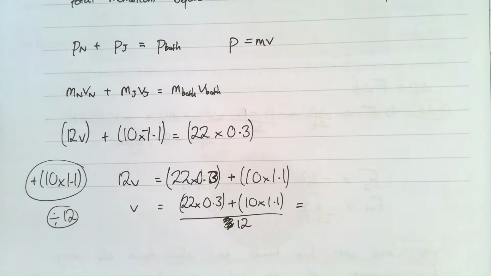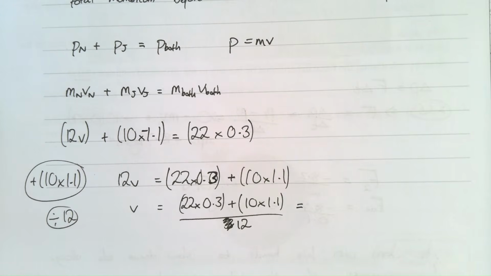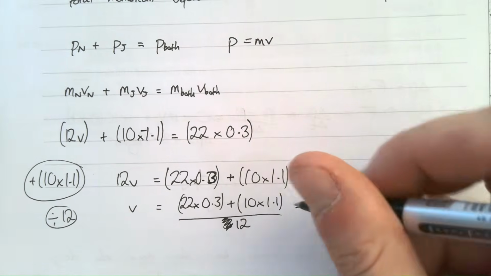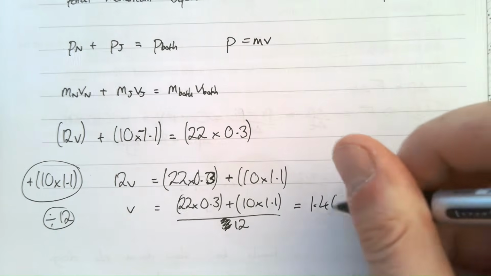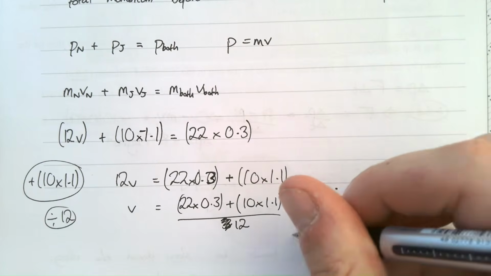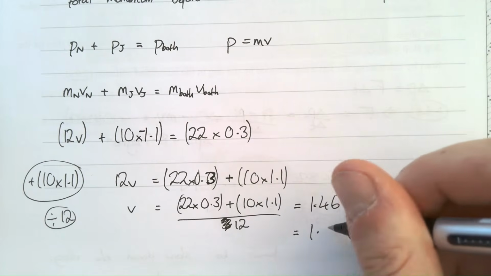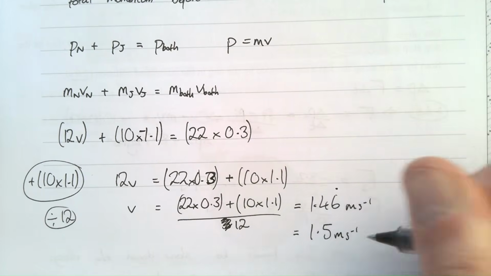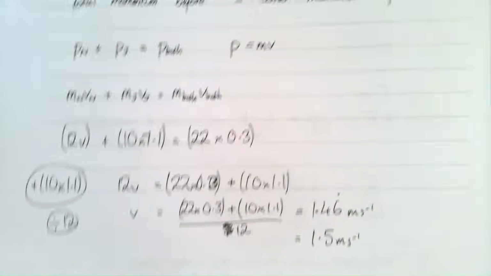Divide by 12, obviously. Sorry. I have no idea where the 3 came from. Therefore, we get an answer of 1.46 recurring meters per second, which equals 1.5 meters per second, following the number of significant figures given to us in the question.